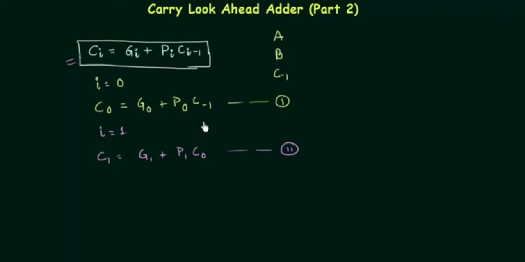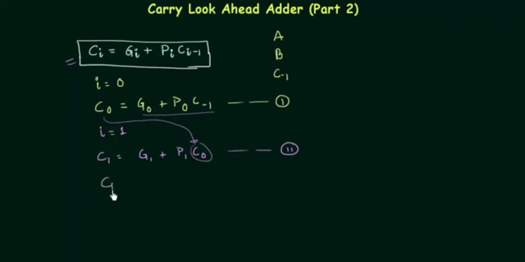In our first equation we can see that C0 has only the carry C minus 1 on the right hand side, but in the second equation we have C0, which is not C minus 1. So what we will do is put the value of C0, which is G0 or P0 C minus 1, here and try to simplify it.